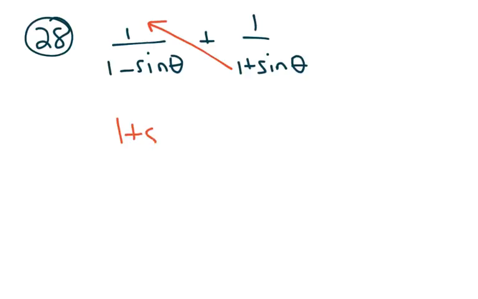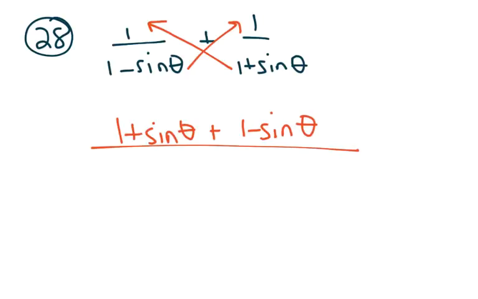So I get 1 plus sine theta plus 1 minus sine theta all over... Now this is interesting. I'm going to skip work because this is in the form a minus b, a plus b. Whenever you have that product of a sum and difference, when you multiply them, you get a squared minus b squared.